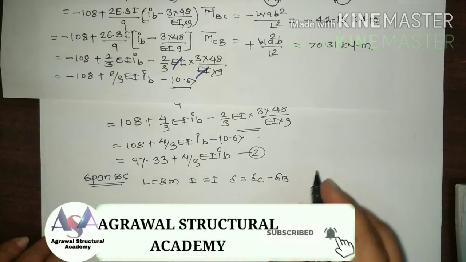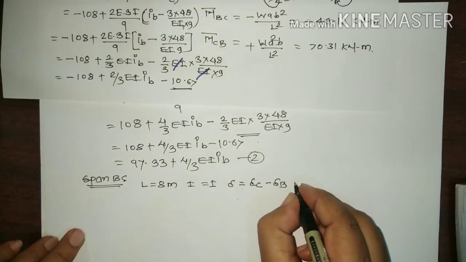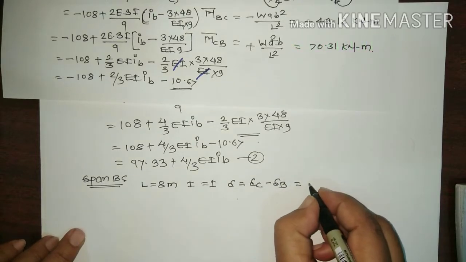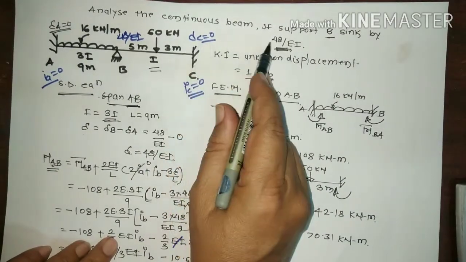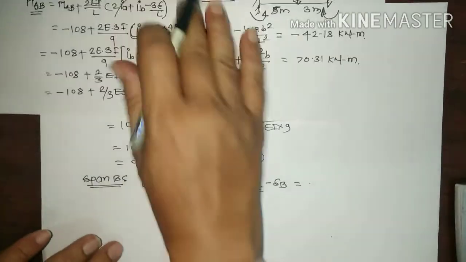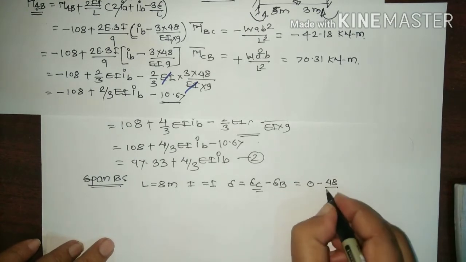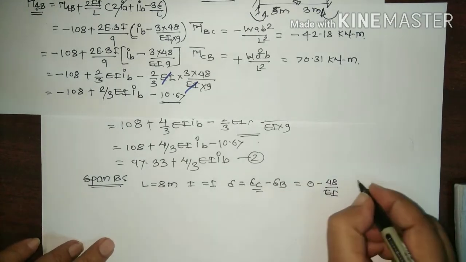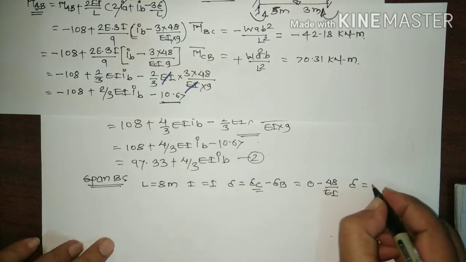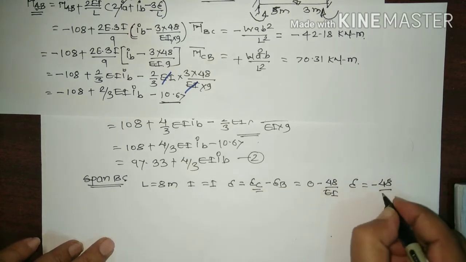So here we can say that is equal to delta C here is a 0 because not given, only delta B is the given. So this 0 minus 48 divided by EI. So here delta becomes minus 48 by EI.